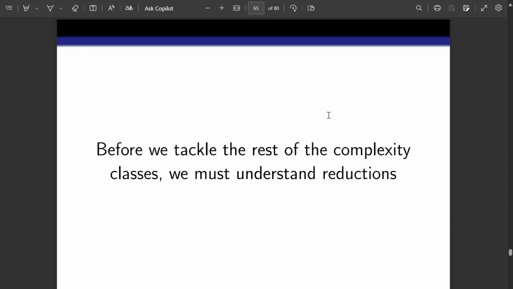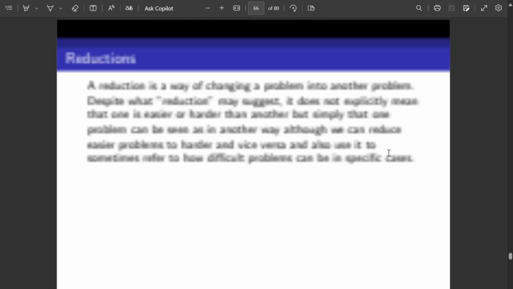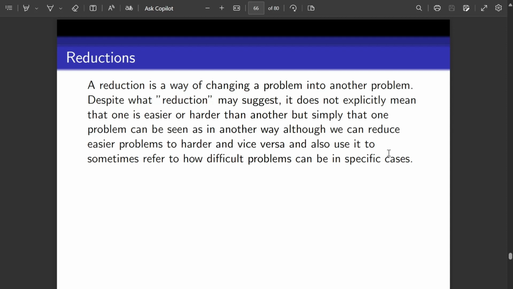So before we tackle the rest of the complexity classes, we have to understand reductions, which Shay kind of described earlier with the LaTeX he put in. A reduction is a way of changing a problem into another problem. This is going to get a little bit abstract, so I expect questions. Don't be afraid to put questions in the chat.